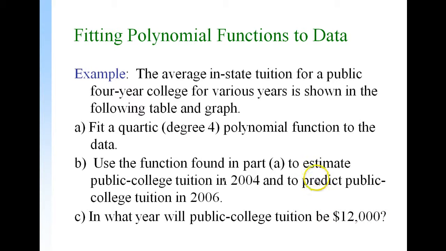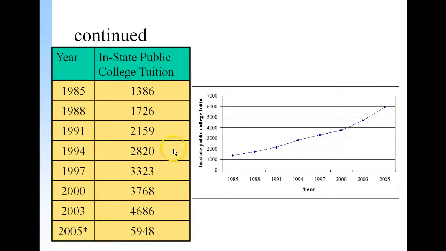Now, I don't believe you're going to have any this difficult, and it is meant to be solved by using a calculator where you program the calculator to do this. But let's just look at the data. There's the year. There's the in-state public college tuition.